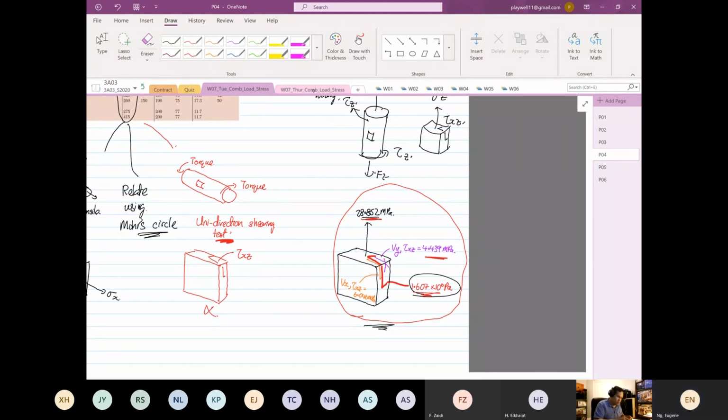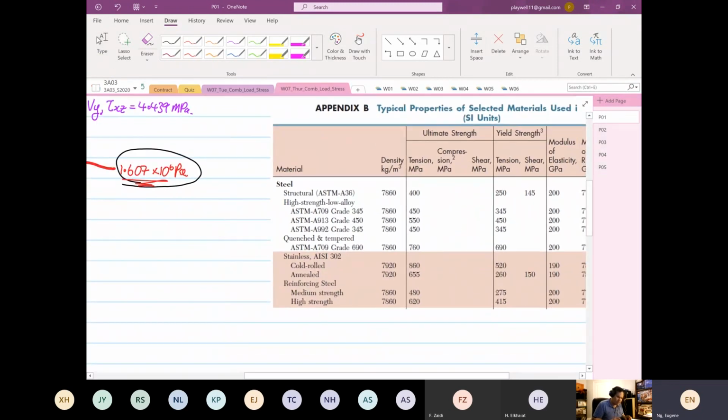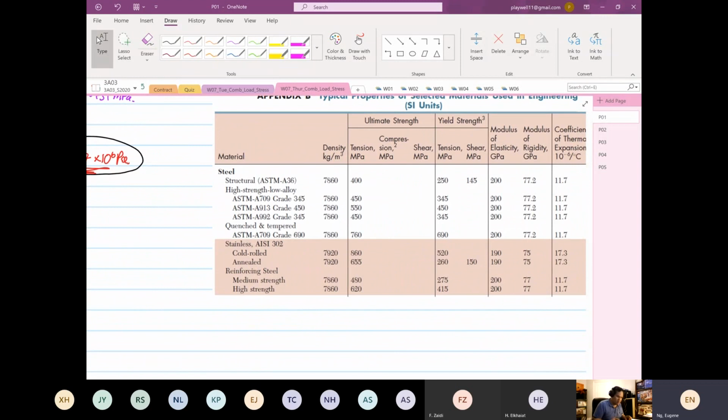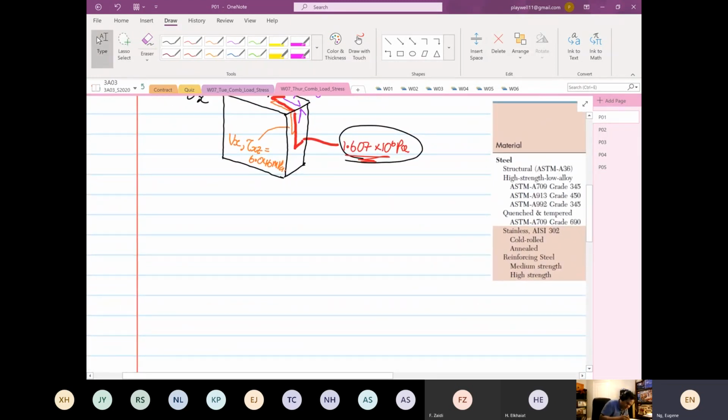So the question now is how are we going to select our material? The only way to do this is to calculate the principal stress acting on the element.